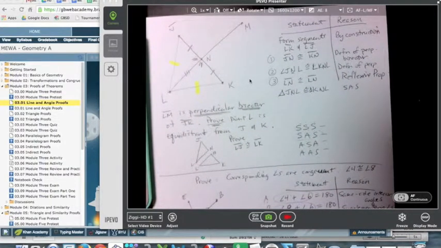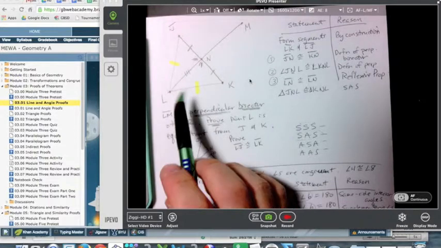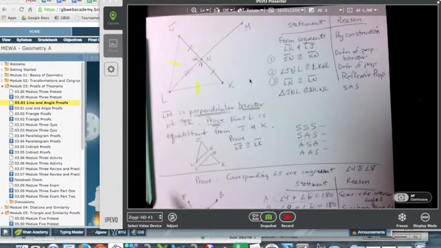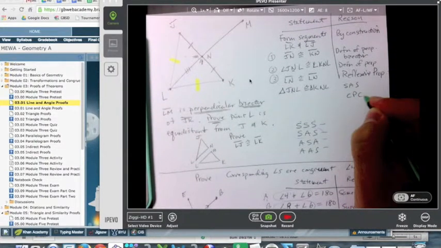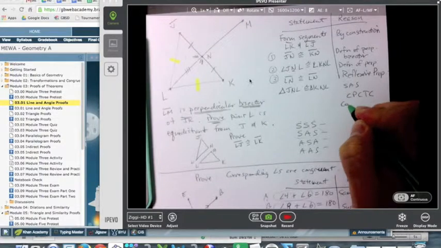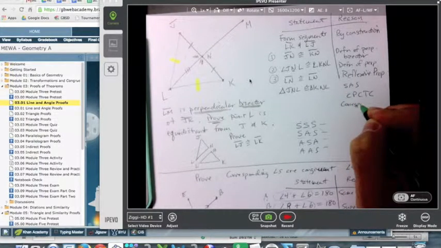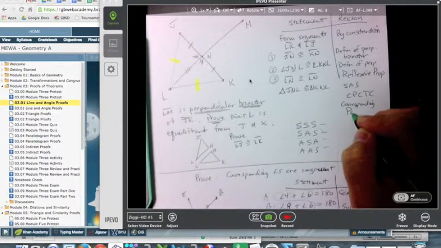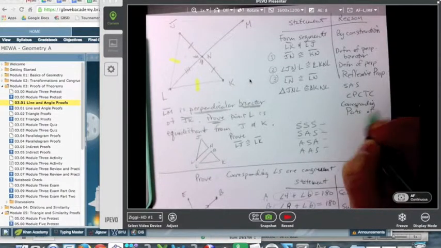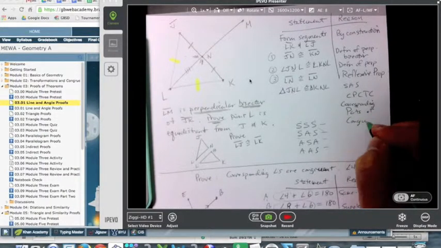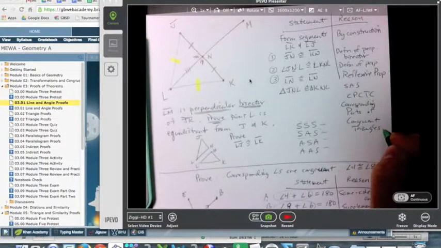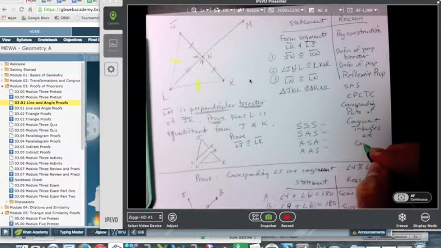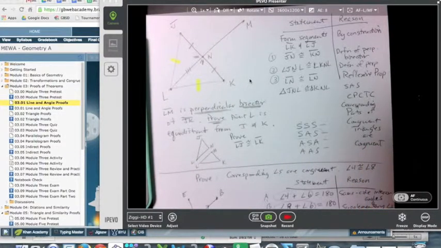So finally, how do we get to LK and LJ? That's the beauty of this next thing that we call CPCTC. It's CPCTC. And that stands for corresponding parts of congruent triangles are congruent. It's kind of like a free get-out-of-jail card.